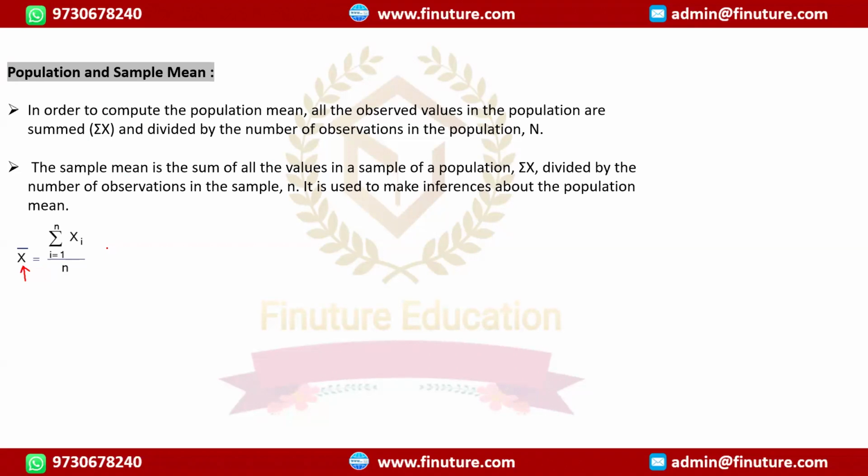The formula remains the same. If you are able to count your population, great. If not, then as I said, the sample approach would be followed. The sample mean is the sum of all values in a sample, summation x divided by the number of observations. So it's technically the same, it's just a notation. When you say x bar, you are referring to sample mean, and when you talk about population mean, it's the letter mu.